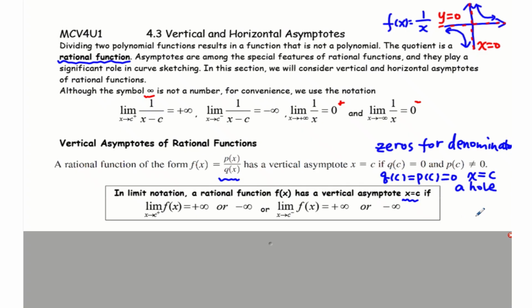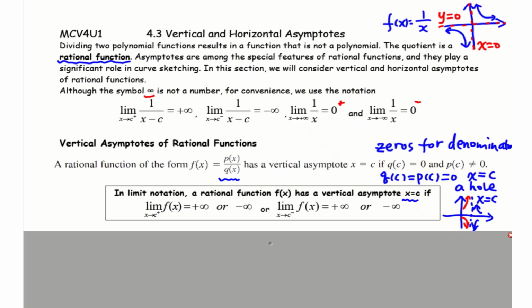So on the graph, if we have x equals c here, then from the right side it is either positive infinity or negative infinity. And on the left side, same thing. So the asymptote means the graph will get closer to that vertical line but never cross it. So this is the vertical asymptote definition.